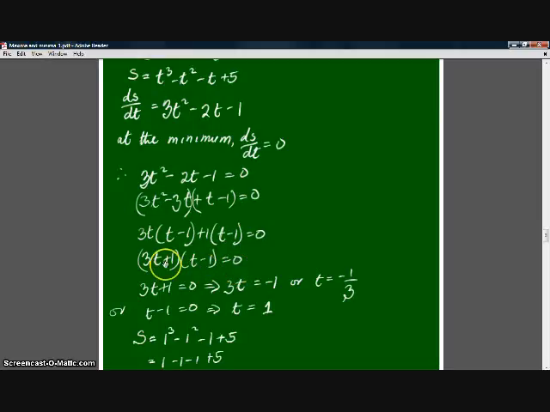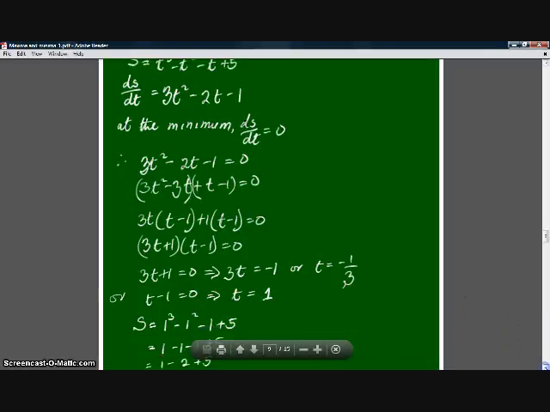This kind of statement is possible if 3t plus 1 is equal to 0 or t minus 1 is equal to 0. If 3t plus 1 is equal to 0, then 3t is equal to minus 1, or t equals 1 over 3. And if t minus 1 is equal to 0, it means t is equal to 1.